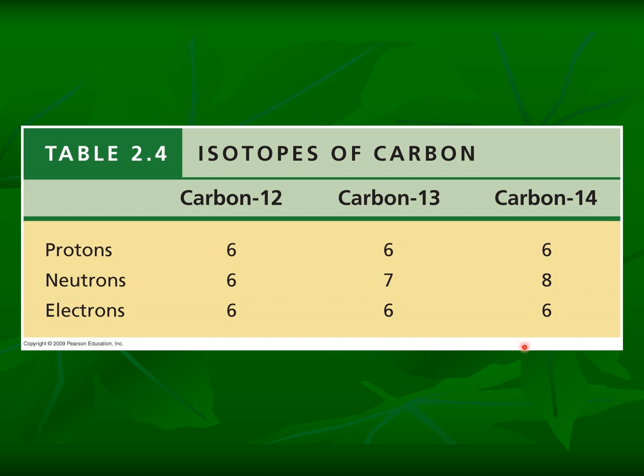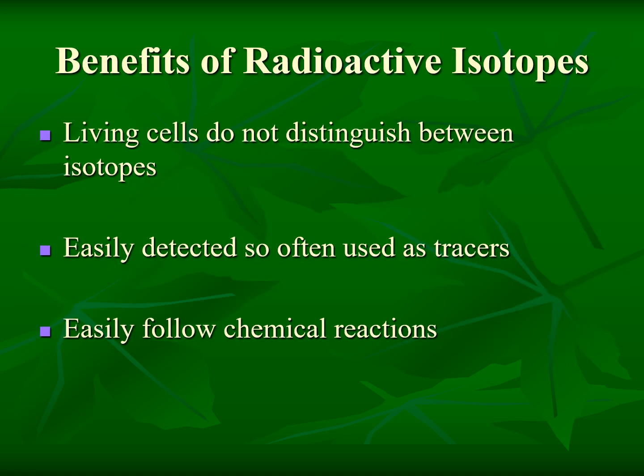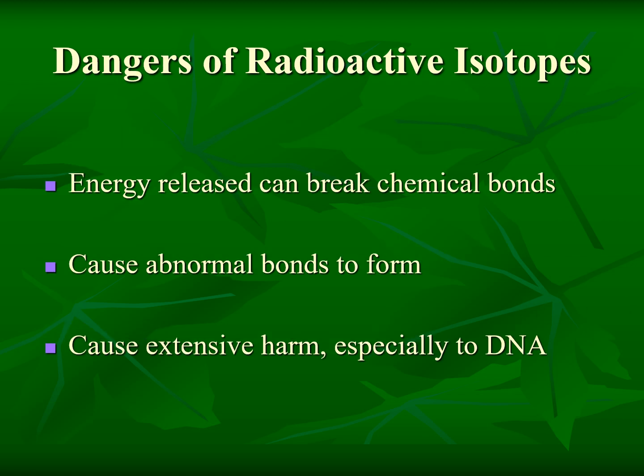So it can be very good for research purposes, for diagnostic purposes, because the organisms, like I said, whether it's the bacteria, whether it's your cell, use them in the same way. So we do use them in some diagnostic purposes. Since the cells don't distinguish between them, we can use them as tracers. We can follow various chemical reactions with them, so they can be beneficial.